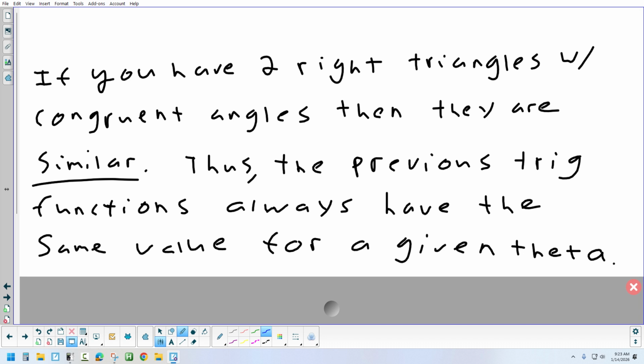So if I ask you to find the sine or the cosine of a 30-degree angle or a 45-degree angle, and you're not sure how big of a triangle you should draw, it doesn't matter. As long as you label your sides correctly, you can draw any size triangle to figure out a trig function. The size of the triangle is not important.